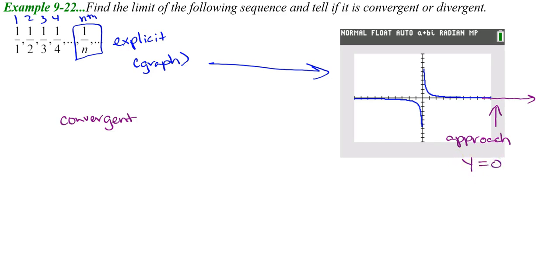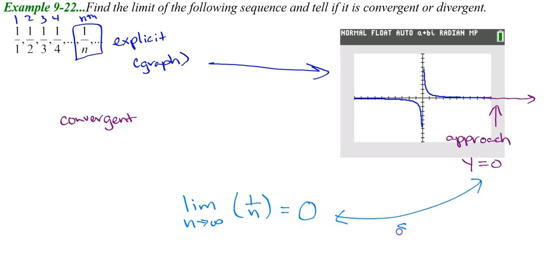When we have that horizontal asymptote, that tells me that it's convergent, and if it's convergent, then I know I have a limit. So we want to find the limit as n approaches infinity of the explicit sequence 1 over n, and we know that that is 0. Notice that my horizontal asymptote and my limiting value are the same.